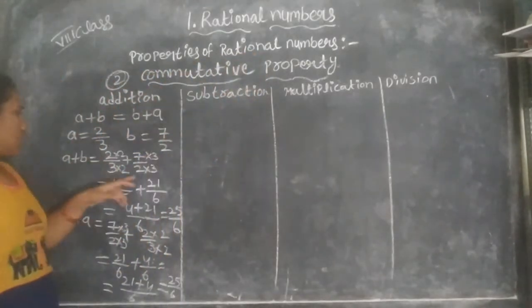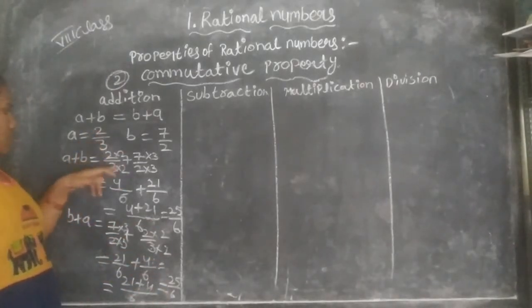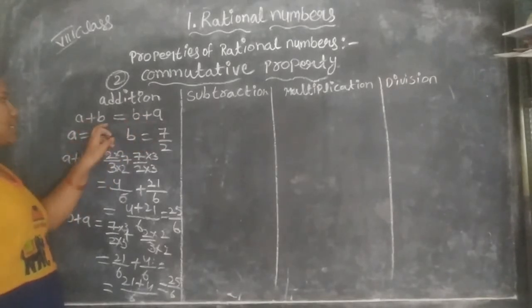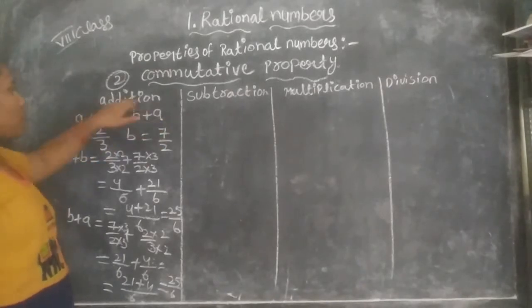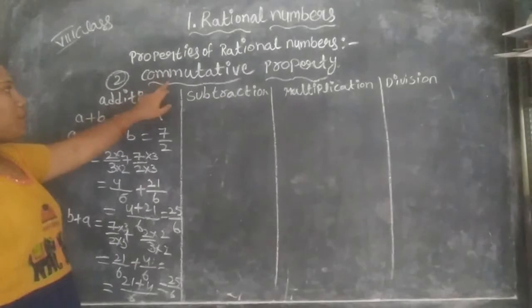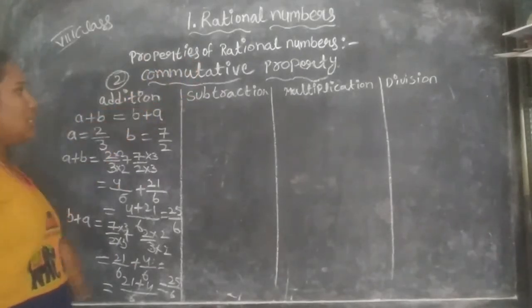Why? Because A plus B and B plus A give the same answer. The formula is A plus B and B plus A; if they are equal, it is commutative on the set of rational numbers.